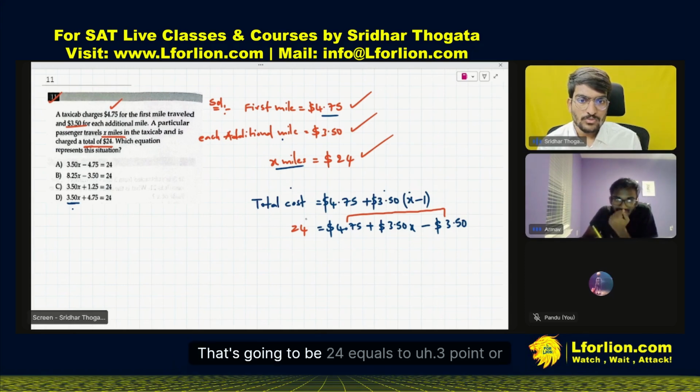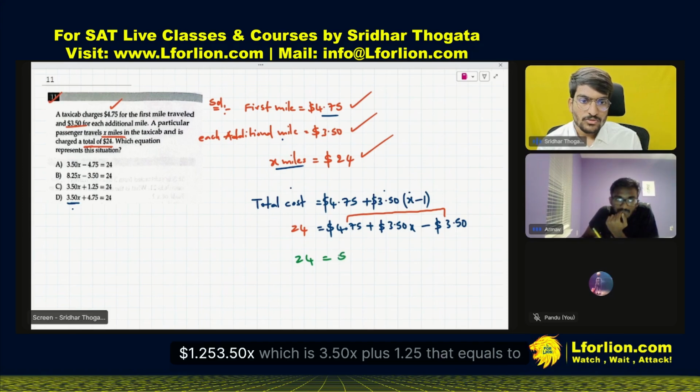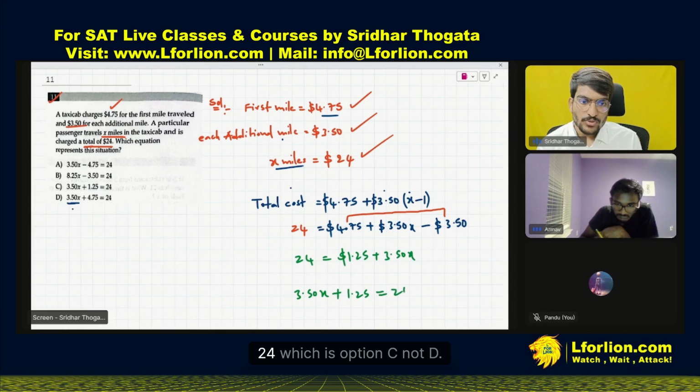It's going to be $1.25 plus 3.50x, which is 3.50x plus 1.25. That equals 24, which is option C, not D. Options A and B are definitely incorrect. It can't be minus.